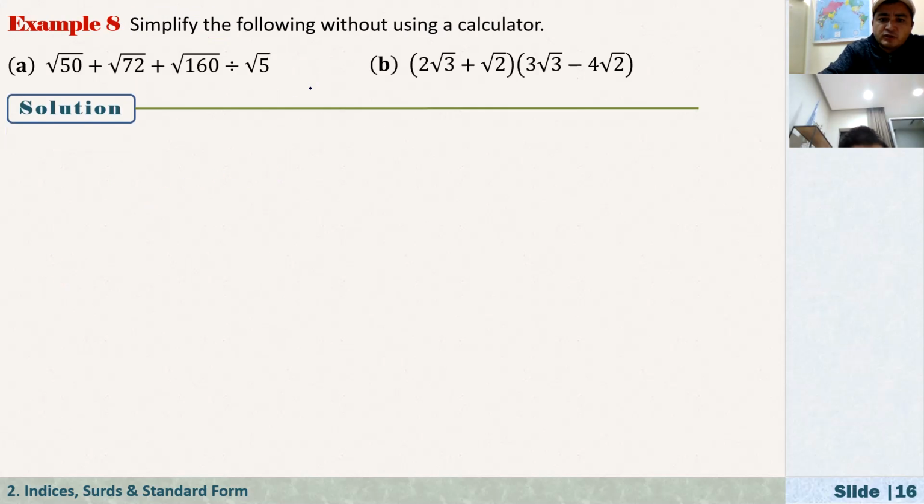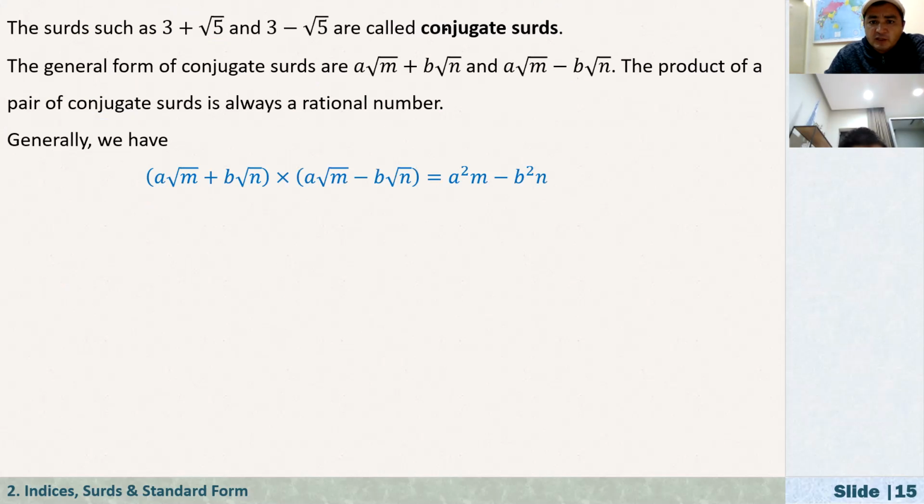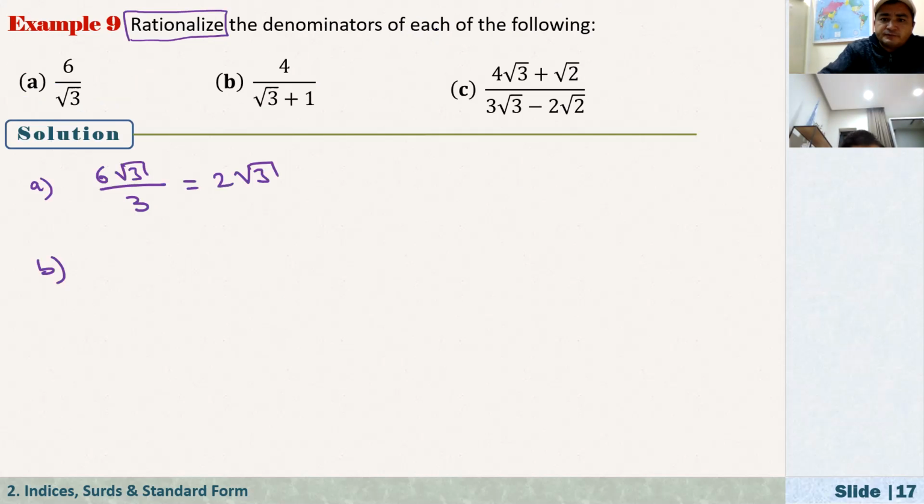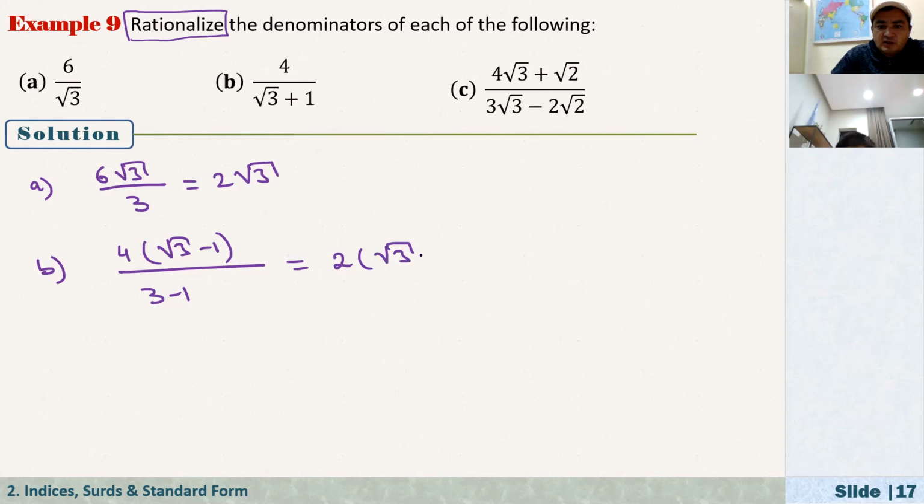We call this conjugate surds, right? Here we need to multiply by its conjugate, that is square root of 3 minus 1. And here we have square root of 3 plus 1 times square root of 3 minus 1, which is equal to 3 minus 1. That's equal to 2 times square root of 3 minus 1.